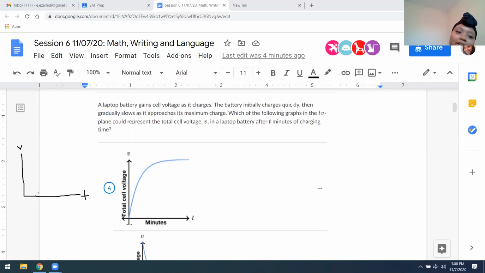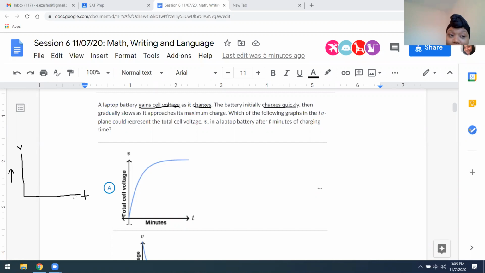If the battery initially charges quickly, then within a short time it's going to gain a lot of height in terms of this graph, because V is voltage. It says it gains cell voltage as it charges. So if it charges quickly, it's going to move up vertically very quickly, which means it's not going to cover a lot of time.